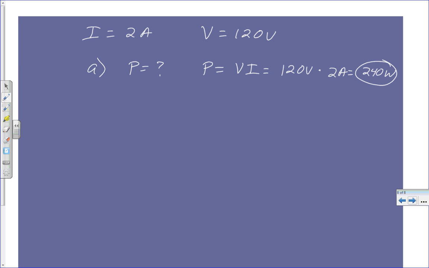And it wants to know, if the set is operated for an average of 7 hours per day, what energy in kilowatt hours does it consume in 1 month or 30 days? So we have 7 hours per day, and we're going to operate it for 30 days.